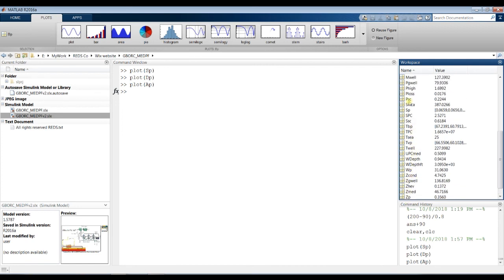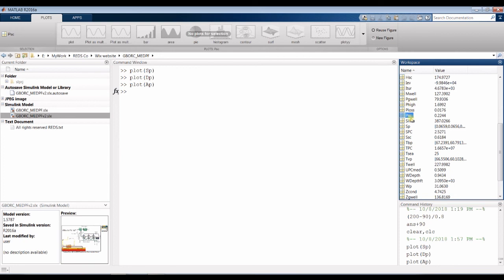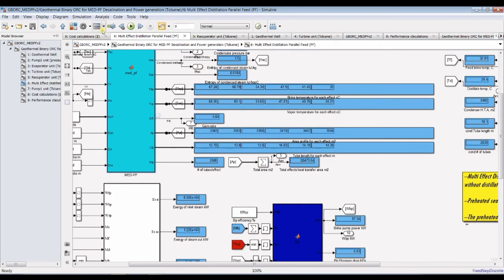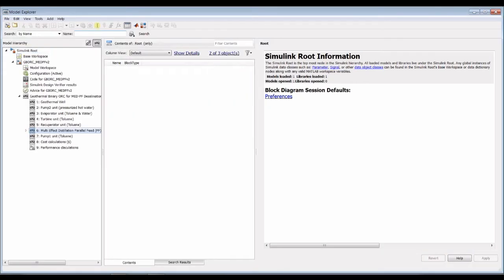Let's go and select number of effects. I think it is not here. Anyway, we can go for MED and select this one.